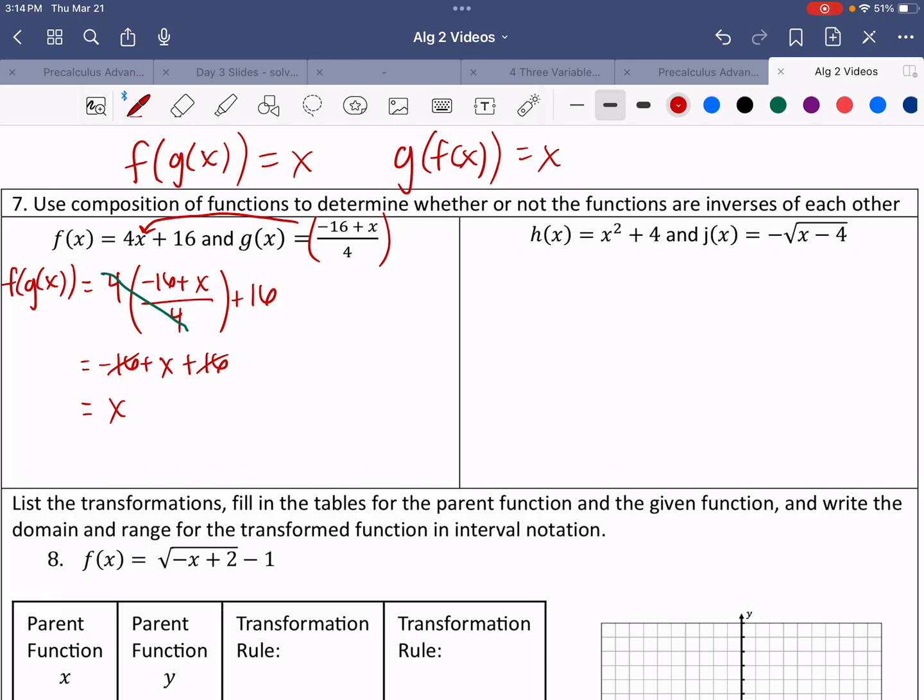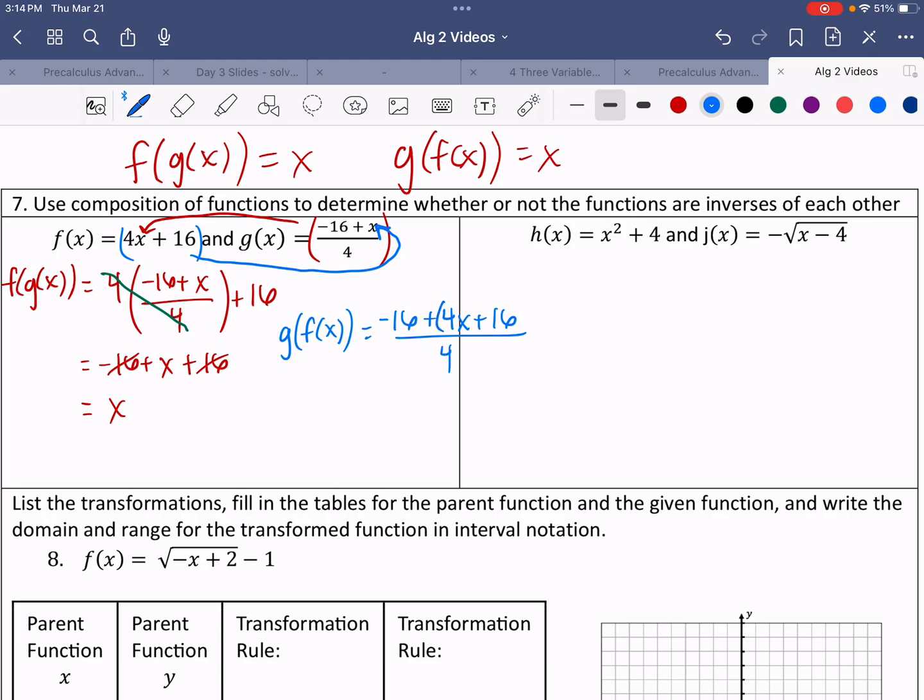This is half proven. So now I need to do g of f of x. I need to plug function f into function g. So negative 16 plus 4x plus 16 all over 4.